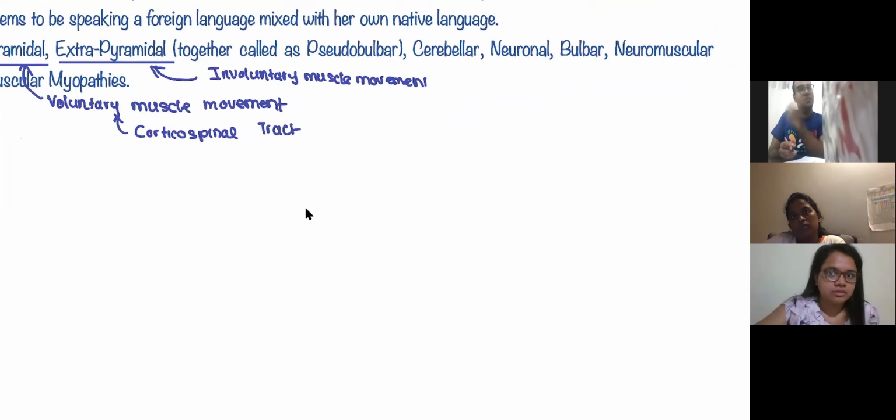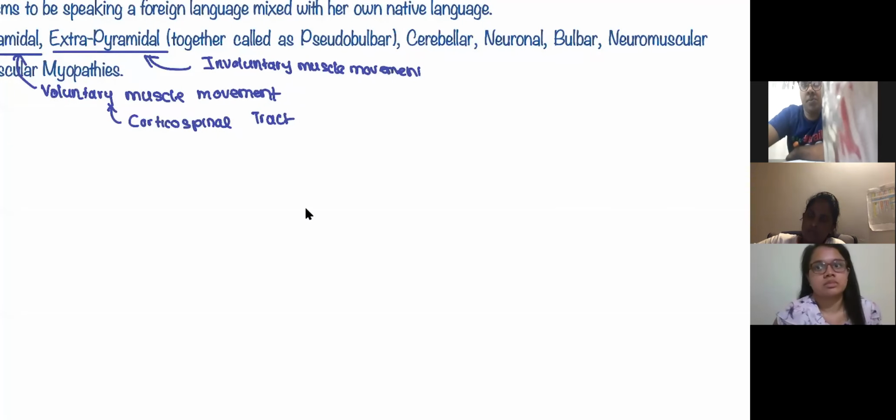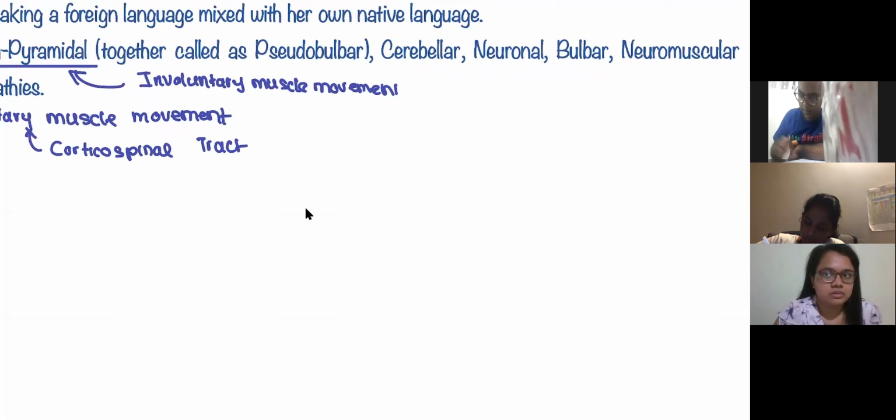Then defects in the cerebellum. I told you guys, ataxia is basically that the final position of the muscle is not known. In simple words, the person will not be able to properly produce and finish the word.